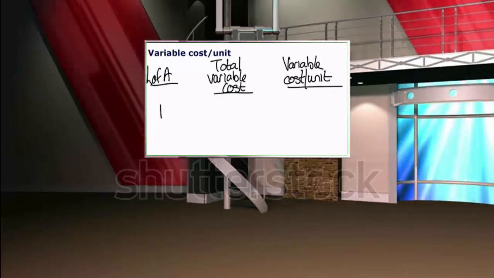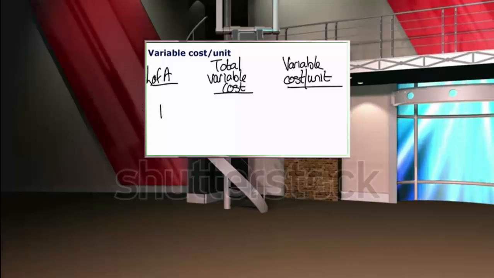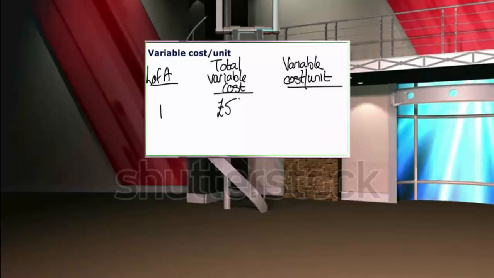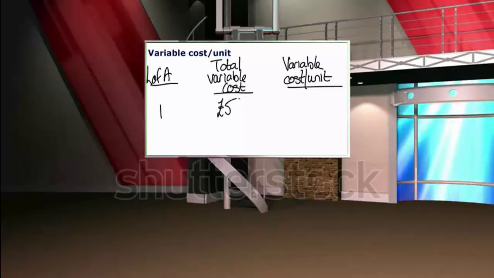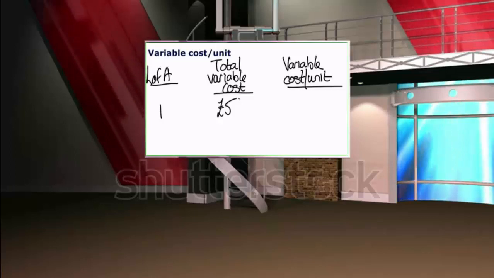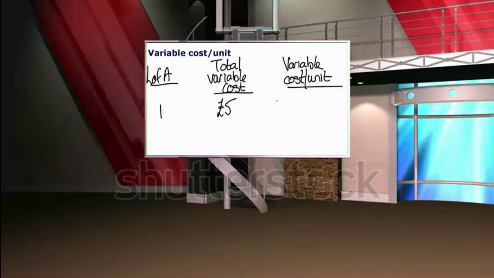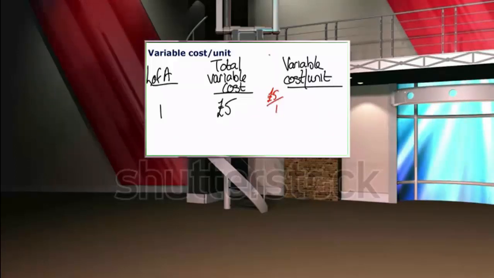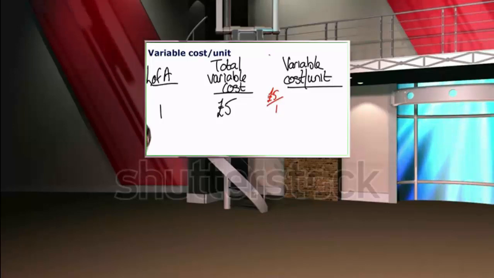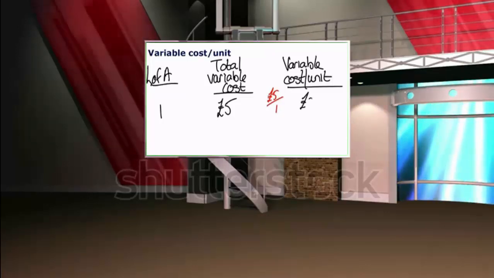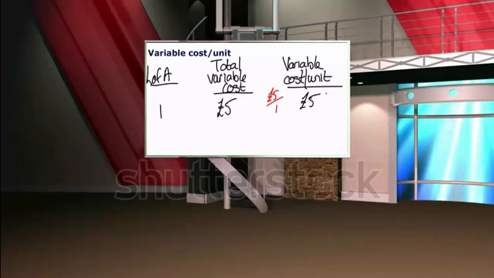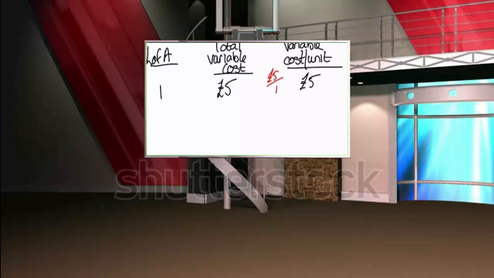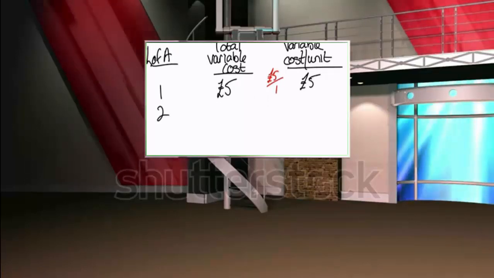Let's start with 1. So if our level of activity is 1 unit, I'm going to say that our total variable cost at that level of activity would be £5. So based on that, what is our variable cost per unit? We can calculate it as our total variable cost divided by our level of activity. So our variable cost per unit is £5. What if we increased our level of activity to 2 units?